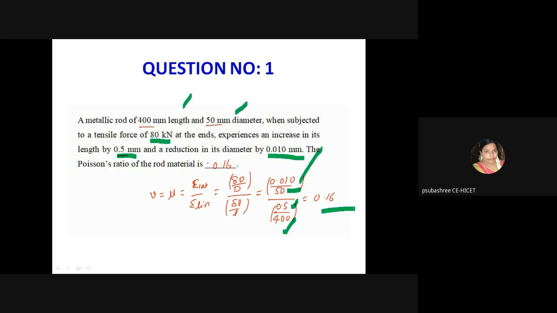Are you listening? Boys? Which number? 803. Response please. Any doubt?